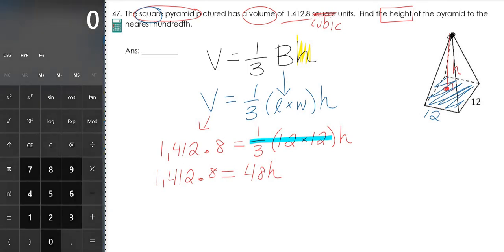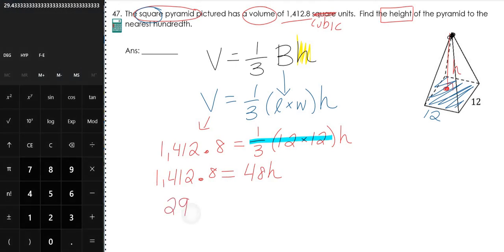So back to your calculator, 1,412.8 divided by 48 equals 29.43 repeating equals H. They want you to round to the nearest hundredth, so we're going to write 29.43 units, because it didn't specify centimeters or anything like that, just regular old units.